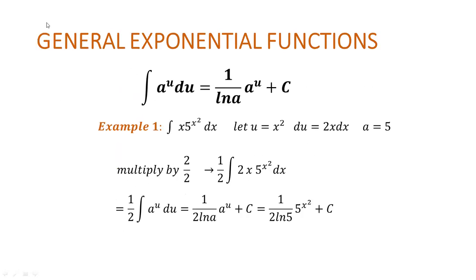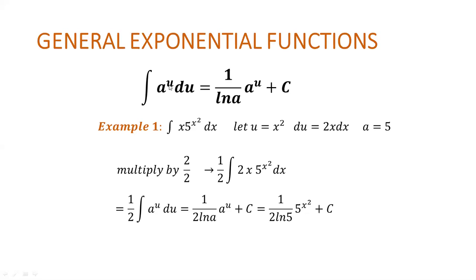Next is the general exponential function. General in the sense that this time it's not an e expression, but rather an a raised to u expression. The a here, you have to understand, is a constant. And just like the natural exponential function, the derivative of the u, which is the exponent of your constant base a, should be complete. So it's a^u du, telling you that in here, you have the derivative of the u expression.